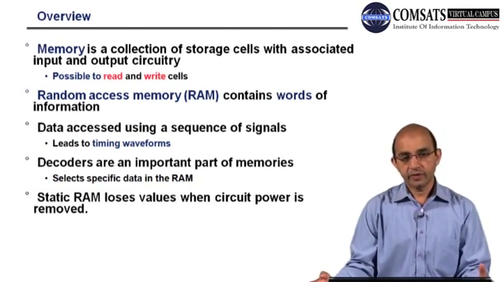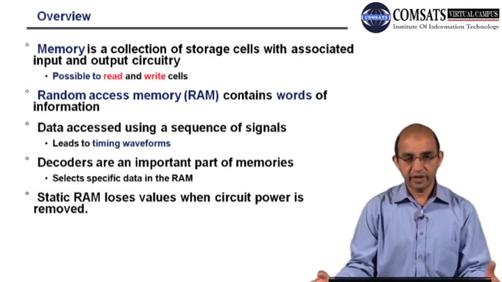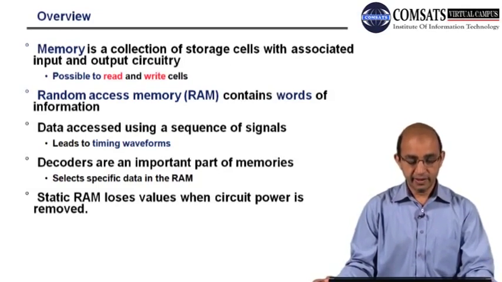Whenever we talk about the associated circuitry that is being used in order to retrieve data from the memory or write data into the memory, decoders are very, very important, and they select the specific location of the data or the memory.